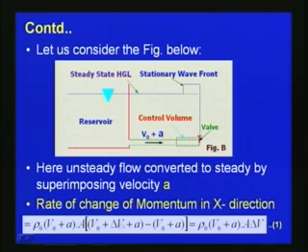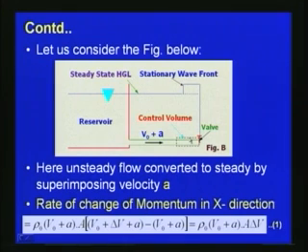into the velocity change. The velocity change is V 0 plus delta V plus A minus V 0 plus A, this is in brackets. So, the rate of change of momentum with respect to this change in velocity will be rho 0 into V 0 plus A into delta V. This equation number 1 gives the rate of change of momentum in x direction, which is the direction we consider.